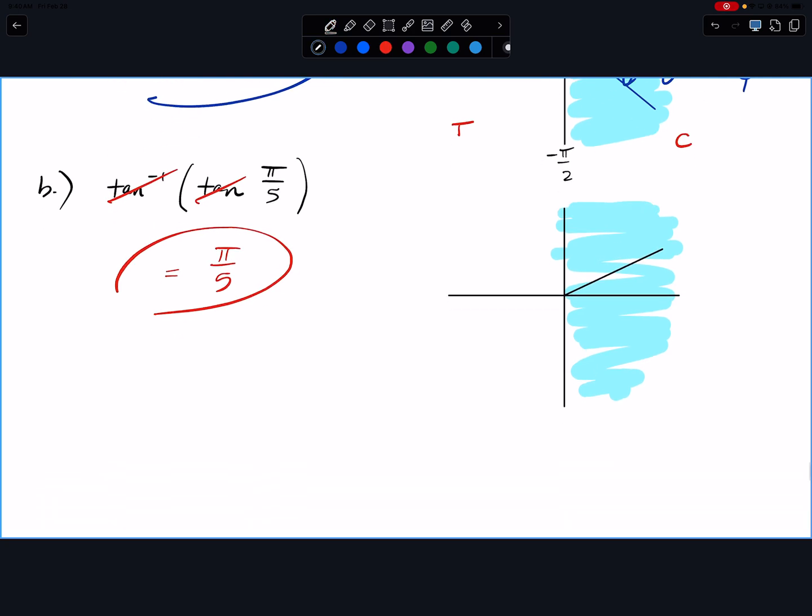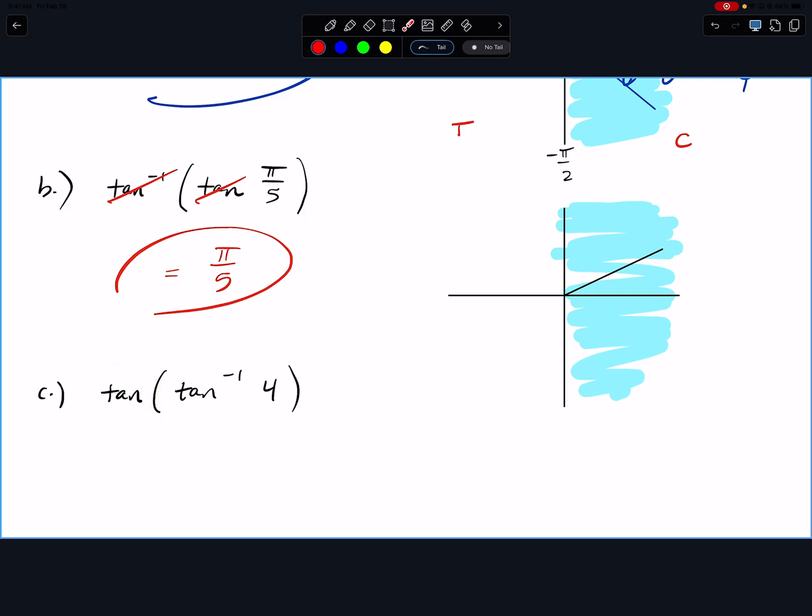All right, C. So what's different here is it's not tangent inverse on the outside, it's tangent.